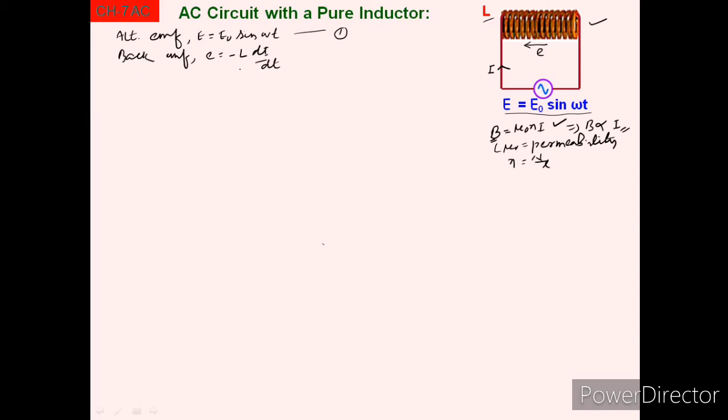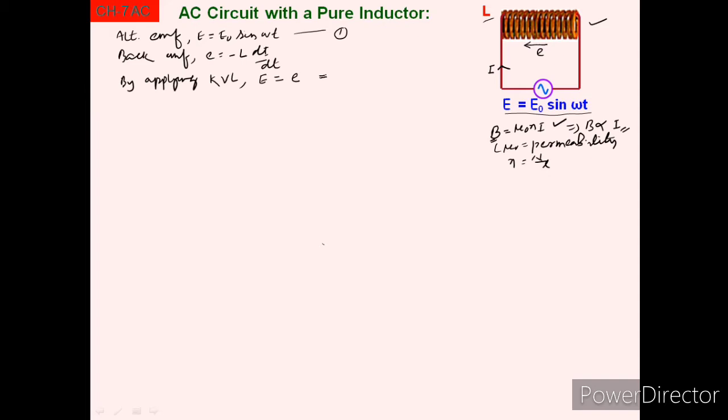Now, by applying Kirchhoff's voltage law in the circuit, we can write that the external electromotive force applied is equal to the back EMF developed there, because both are equal in magnitude and opposite in direction.